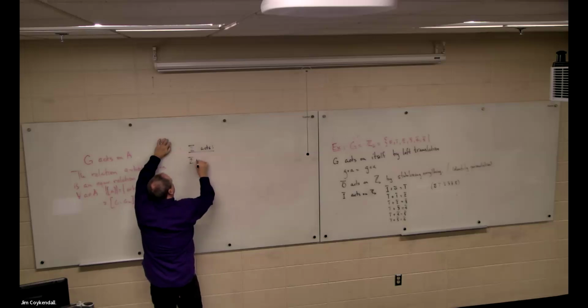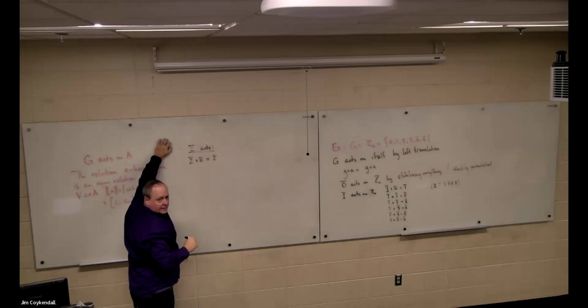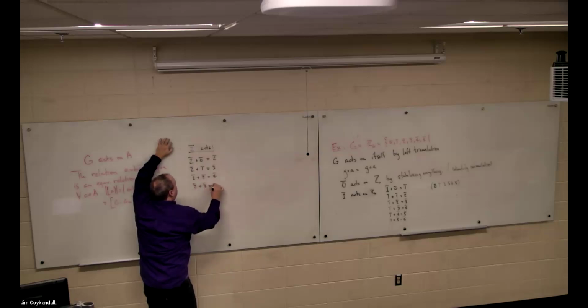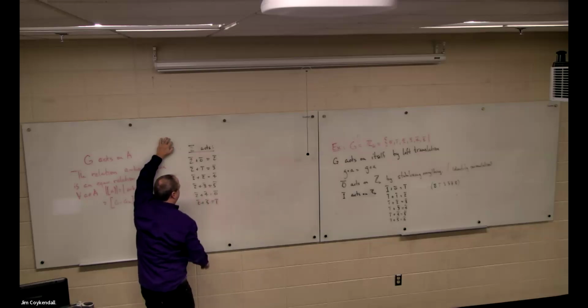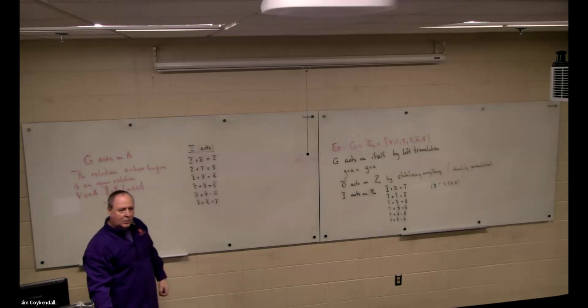Well, 2 bar takes 0 bar to 2 bar. 2 bar takes 1 bar to 3 bar. 2 bar takes 2 bar to 4 bar, 2 bar takes 3 bar to 5 bar, 4 bar to 0 bar, 5 bar to 1 bar. And you might think, well, it's not very interesting, you just put things in different words.